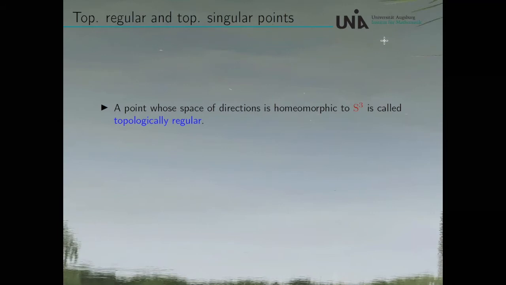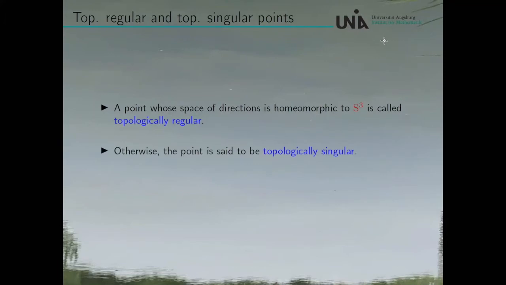So it's a topological point, it's a manifold point. And otherwise, it is topologically singular, meaning that the spaces of directions of topologically singular points are lens spaces with non-trivial fundamental group. From now on, when I say lens space, I really mean with a non-trivial fundamental group.